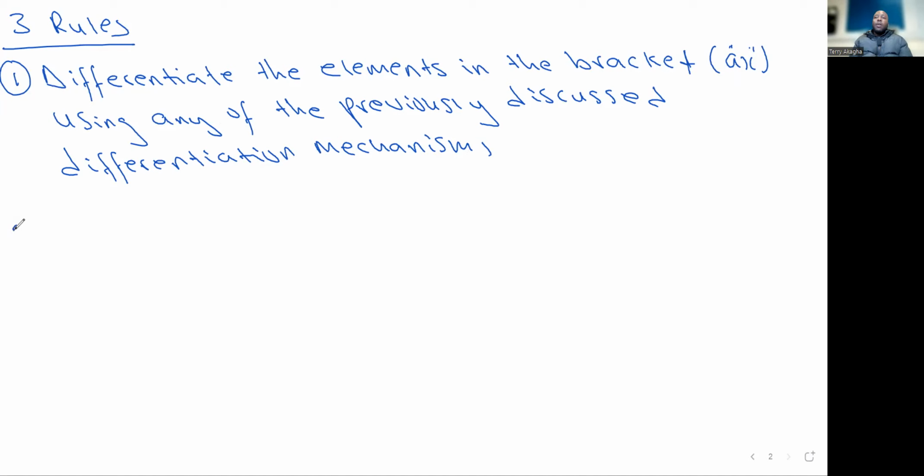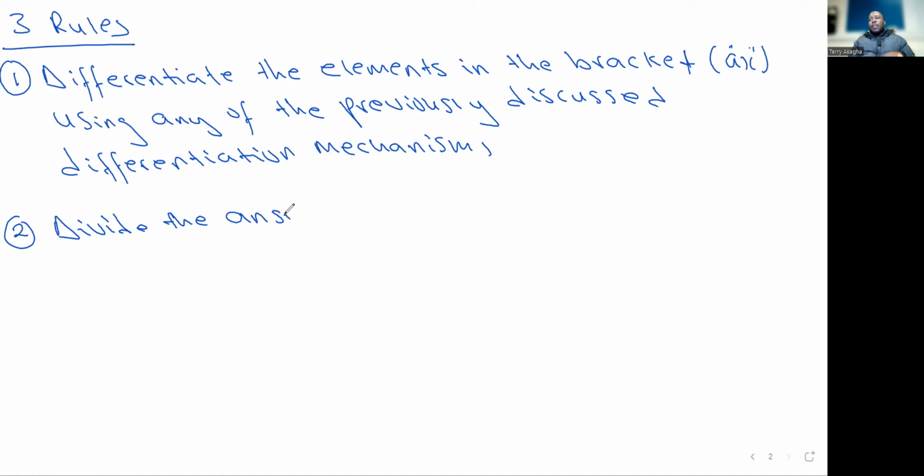Now, when you're done with that, the next thing you have to do is divide the answer you get from step one with the original expression in the bracket. So the answer you get from step one, you then have to divide it with the original expression of the elements in the bracket.